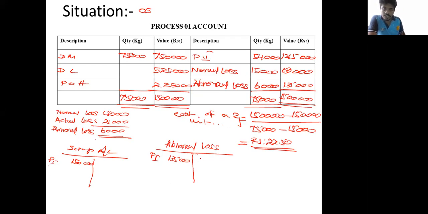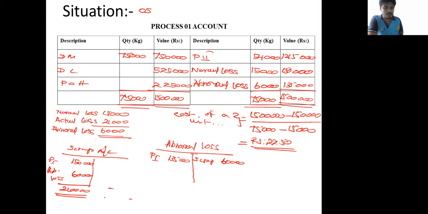So transfer that amount, then we can reduce the abnormal loss. So scrap account debit, abnormal loss account credit, 6,000 into 10, that means 60,000. Then scrap account debit as abnormal loss account credit, 60,000.